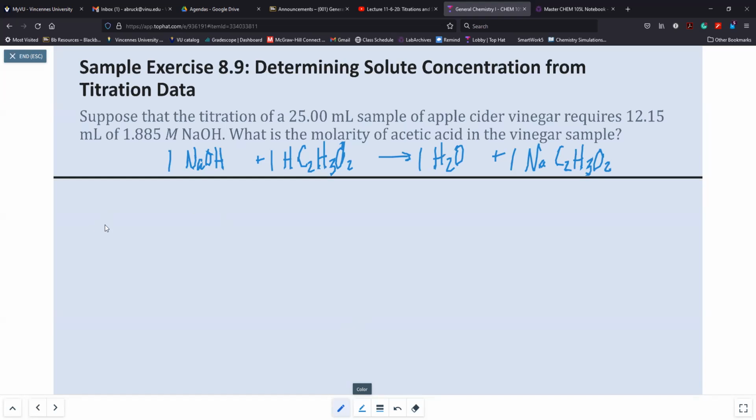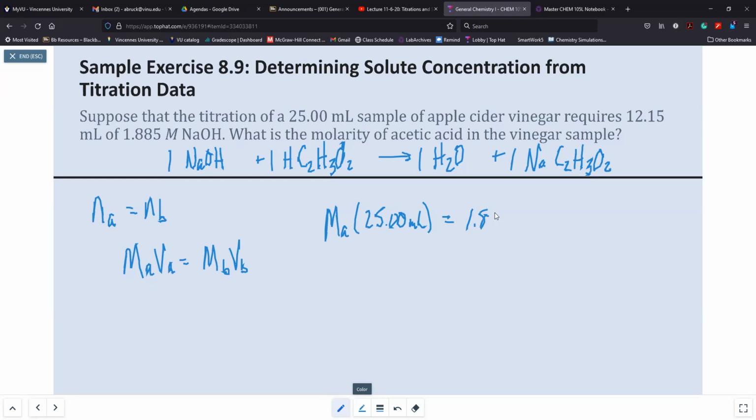So once again, since our acid and our base have the same coefficients, our titration equation gets simplified as follows. So to figure out the molarity of the acid, we take its volume, 25.00 milliliters, and we set that equal to the molarity of the sodium hydroxide, 1.885 molar, and its volume, 12.15 milliliters.